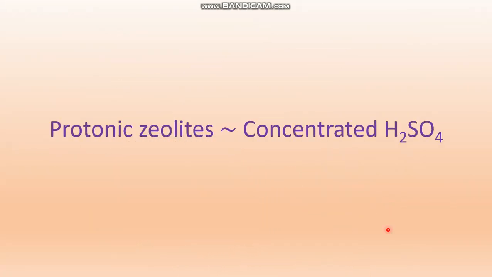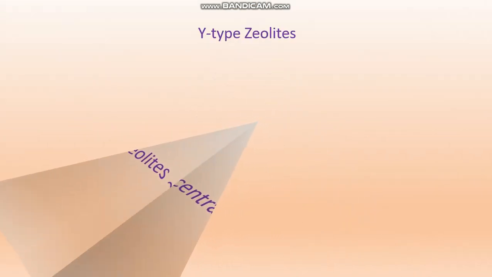Protonic zeolites are normally used in catalysis, and their acidic strength is similar to the acidity of concentrated sulfuric acid solution. On the other hand, zeolite Y is capable of activating alkanes, even at ambient temperature, showing great reactivity.